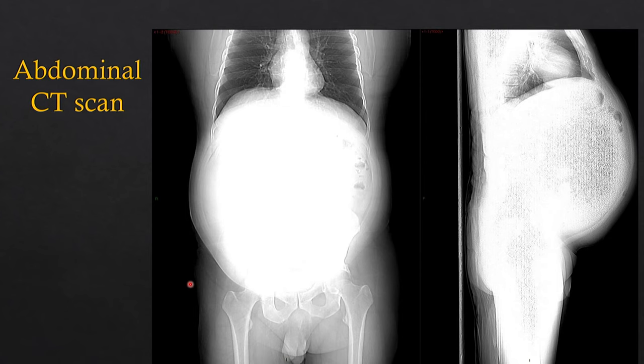And in this abdominal CT scan, we have here the corresponding scout, and we can see that indeed the abdomen is distended, and we can see the opacity of the abdomen predominantly on the right side of it.